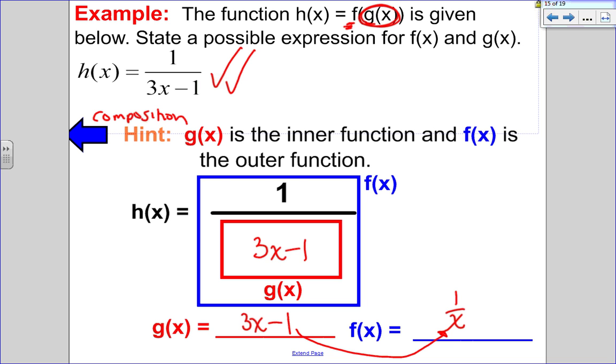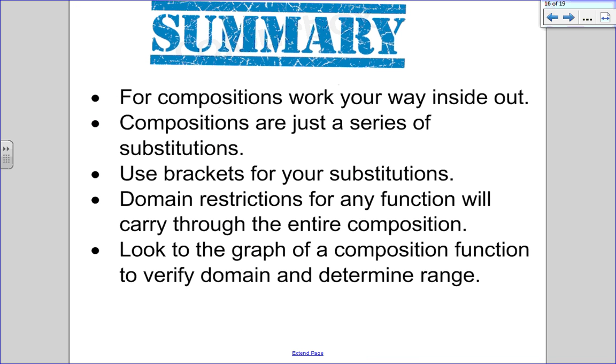Okay, so we've seen composition from a whole bunch of different angles. So to summarize, compositions are just a series of substitutions, usually 2. And so I just think of compositions as a double substitution. I want you to remember to work your way inside out.